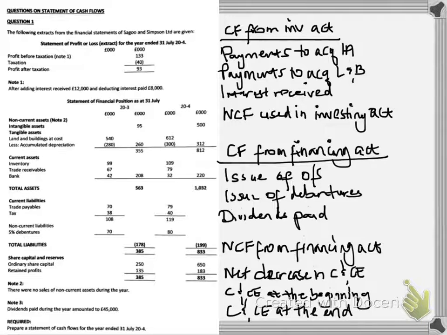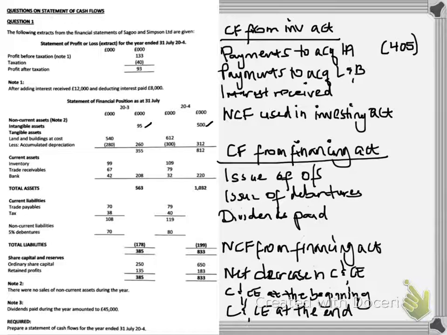First let's record the payment to acquire intangible asset. So what we have here is an increase in intangible asset. That reflects a cash outflow of 405.